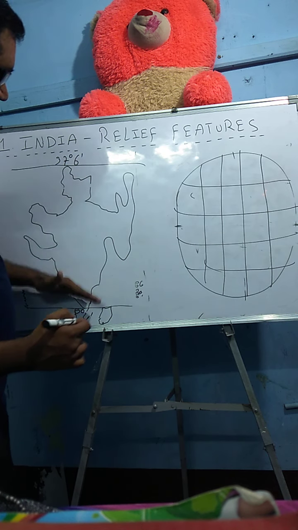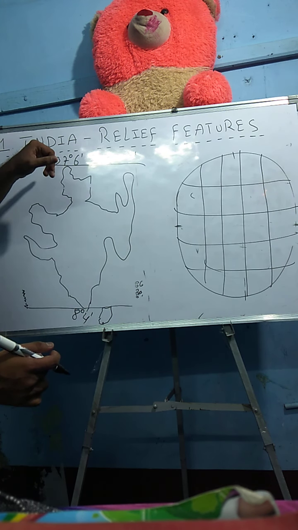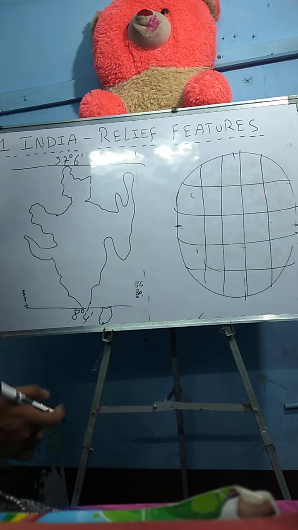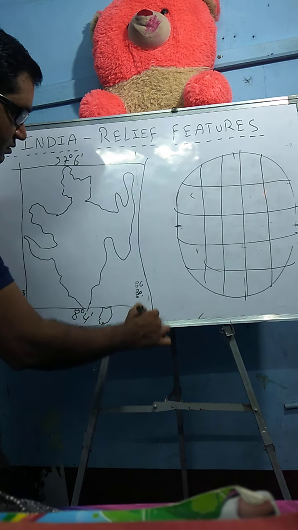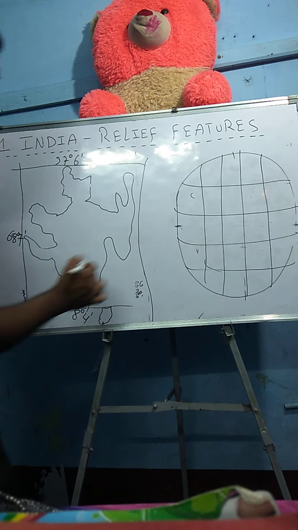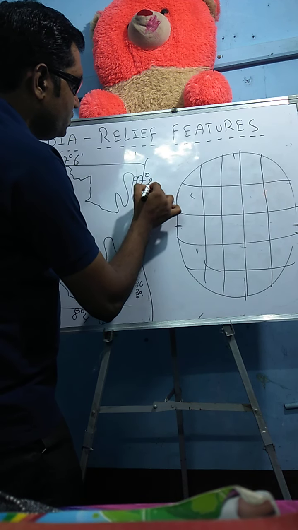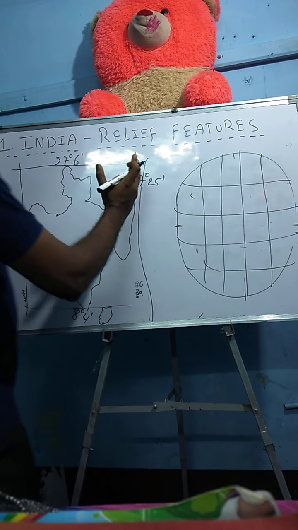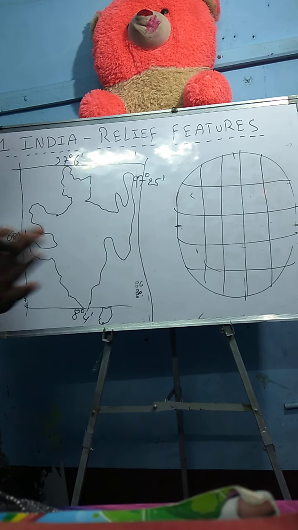From the longitude point of view, the vertical lines, between 68 degrees 7 minutes and 97 degrees 25 minutes longitude, India is located. This information I will explain once again. Listen.